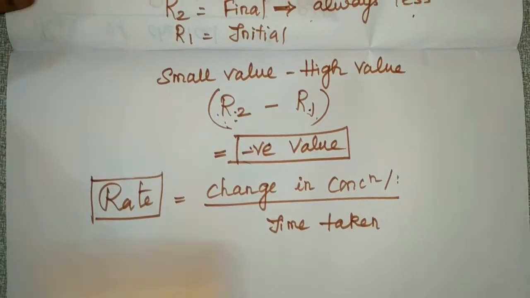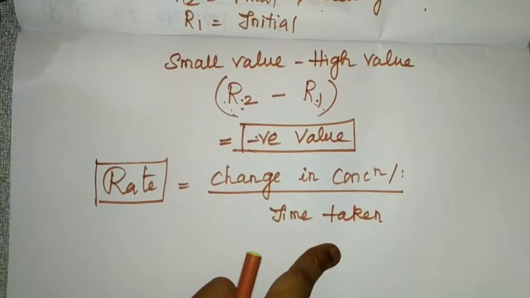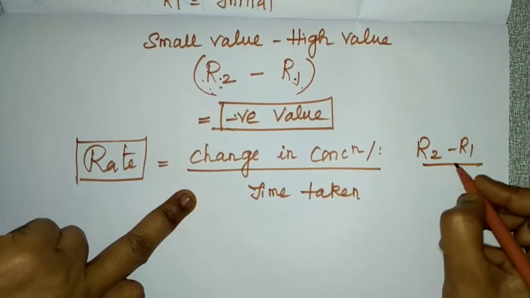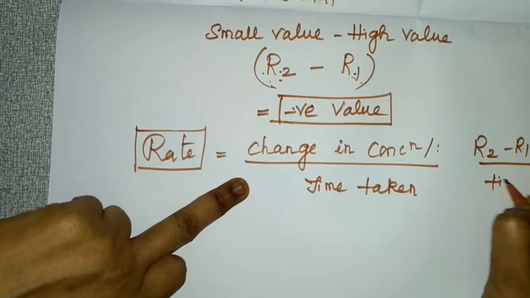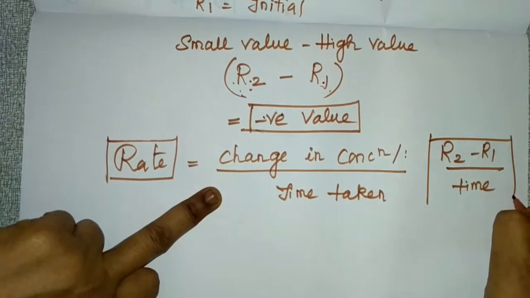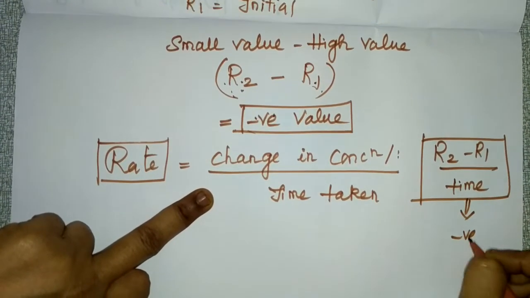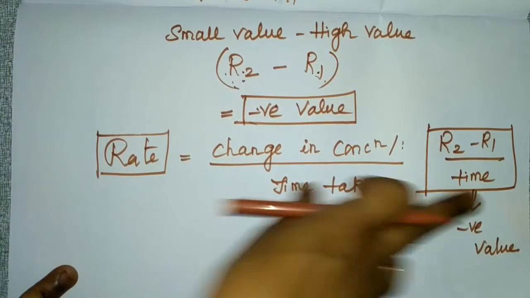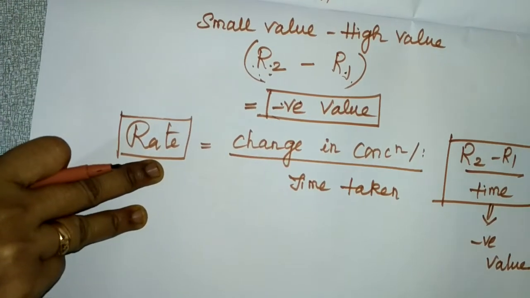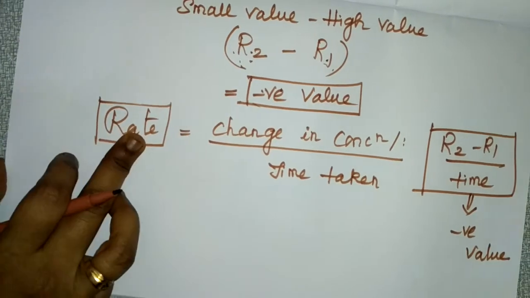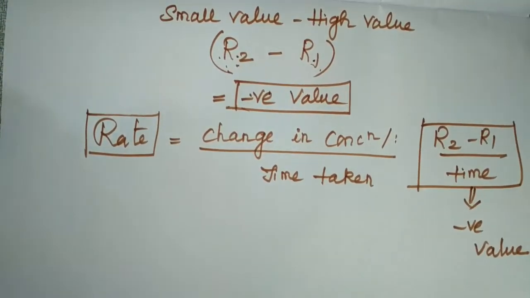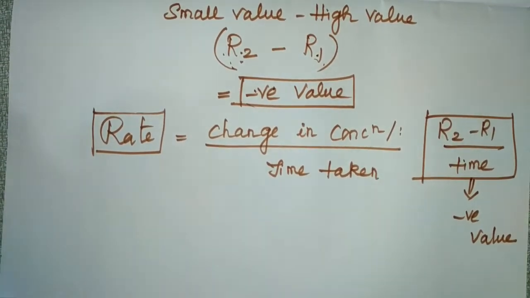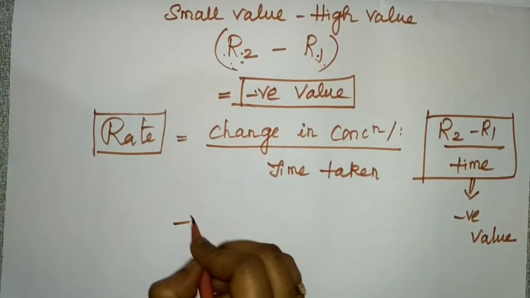Okay, and if you are doing this R2 minus R1, that is the change in concentration, right? R2 minus R1 upon time, so this also will have a negative value. But rate cannot be negative. So whenever we are talking about rate in terms of reactants, you have to give a negative sign.